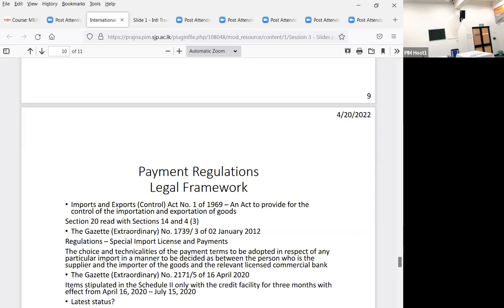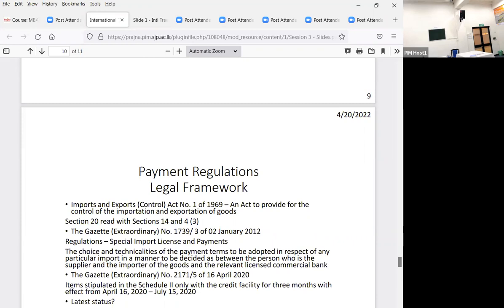Then he'll agree, say 40% advance payment, then 30% after completion of the machinery, and 30% after shipment of the machinery. So that we agree. As long as an importer and exporter can agree to terms and we are comfortable with this, then nobody can stop you, right? So the advance payment.